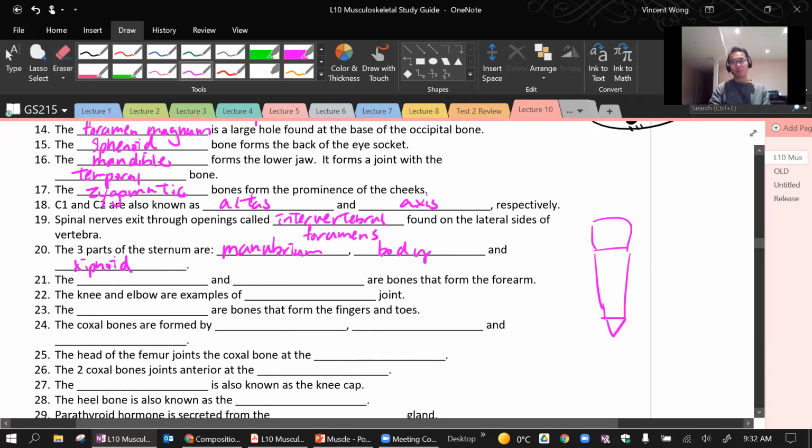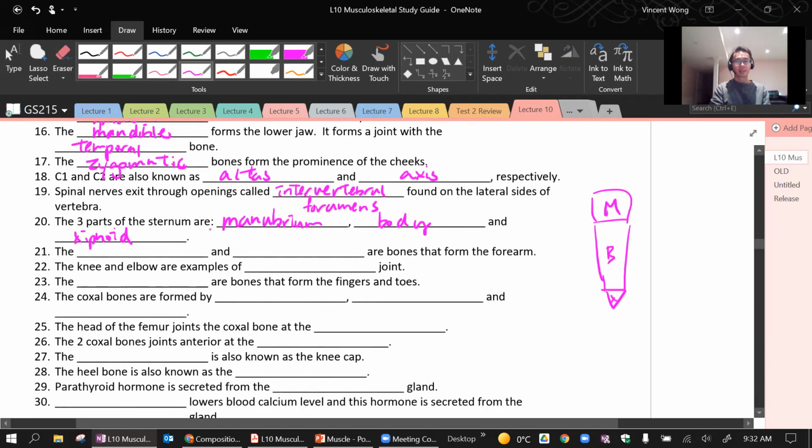So manubrium, body, xiphoid. The radius, which is the lateral one, and ulna, which is the medial one. Medial means the inner one. They form the forearm.